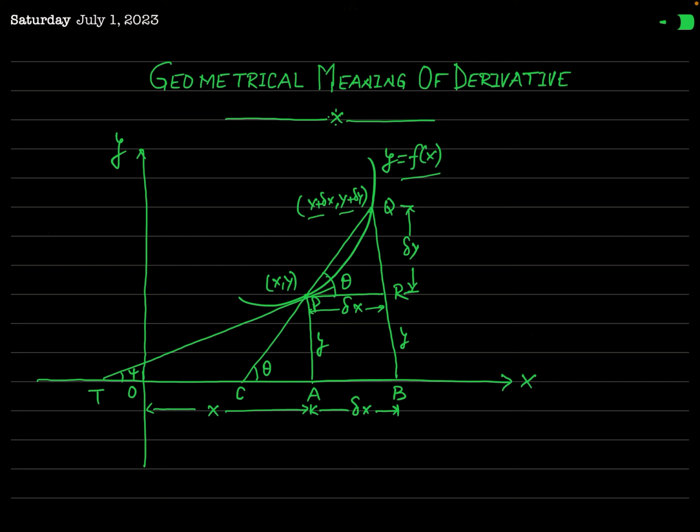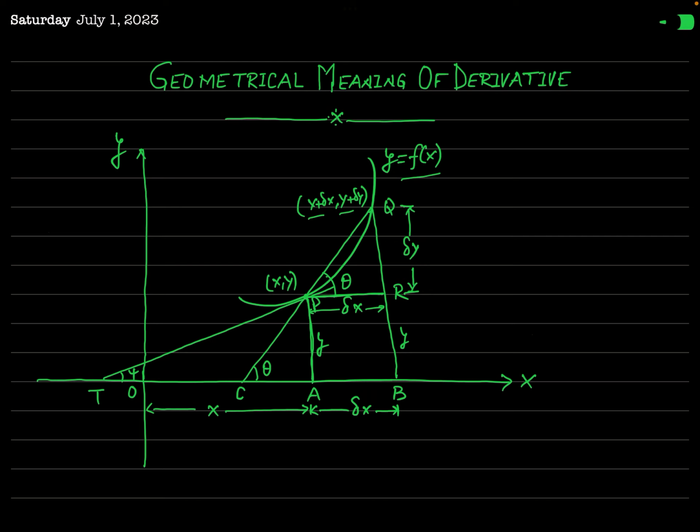Now, for knowing the geometrical meaning of dy by dx, you have to construct something in this figure, and for this purpose you must draw a perpendicular. Let us see the figure, this PA on x-axis, and another perpendicular, this QB on x-axis, and we also draw a perpendicular PR on this line QB.